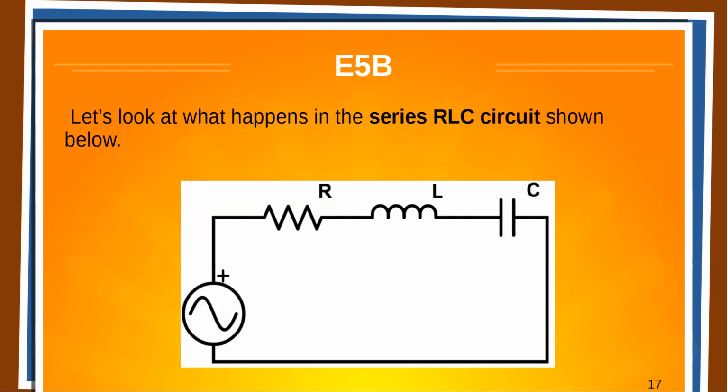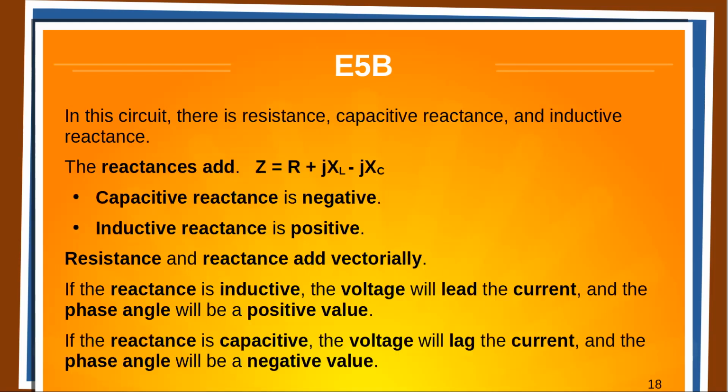Now we have a series RLC circuit. We've got a resistor, capacitive reactance, and inductive reactance. So the impedance is going to be R plus jXL minus jXC, the inductive and capacitive reactances, and they're opposite polarities on the complex plane.